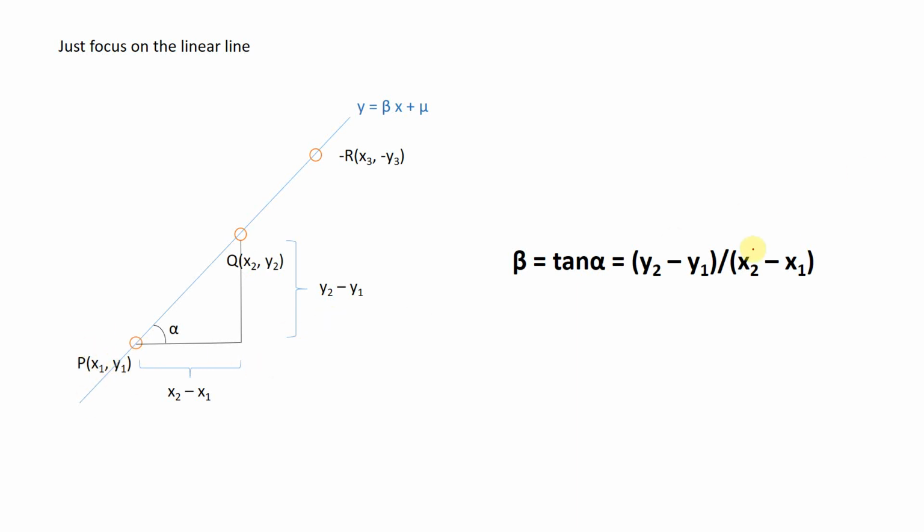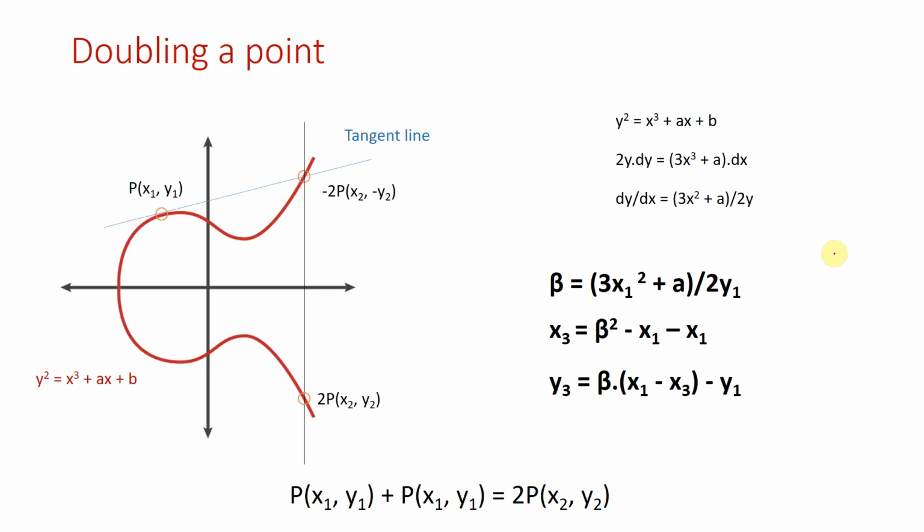In this case, x2 and x1 values are equal to each other, and this becomes undefined. That's why I need to define another rule for doubling a point.